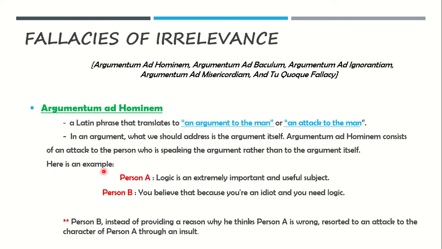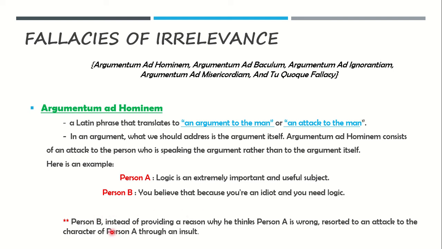So we have here an example. Person A says, logic is an extremely important and useful subject. Now person B counters the person's argument. Person B said, you believe that because you're an idiot and you need logic.